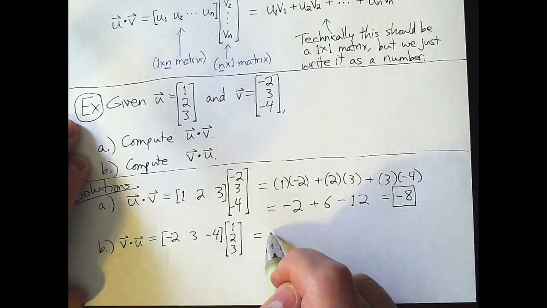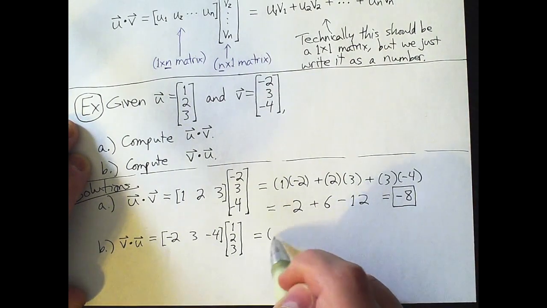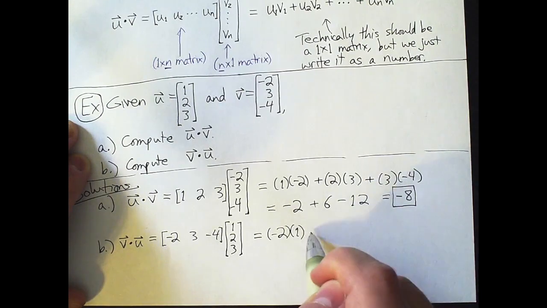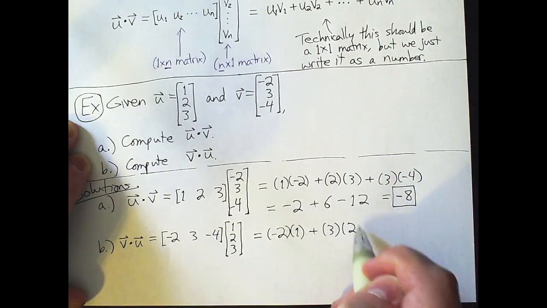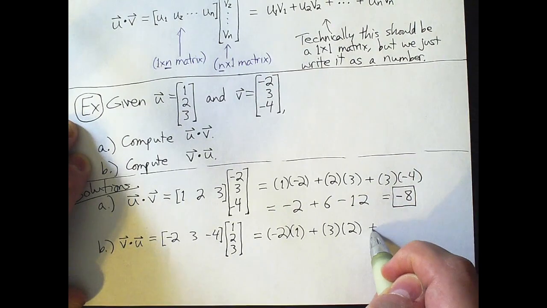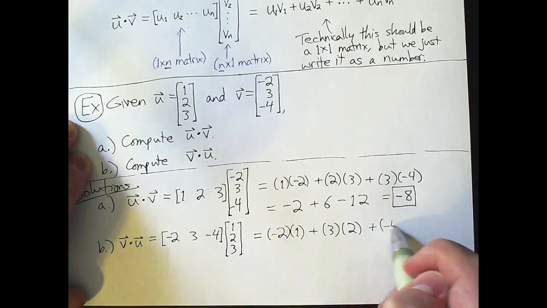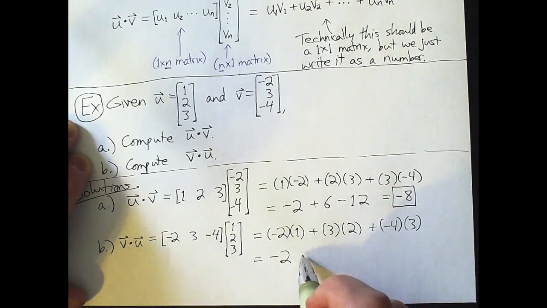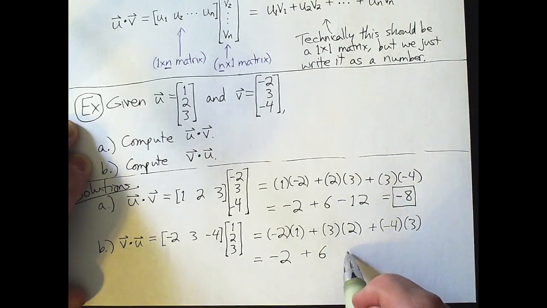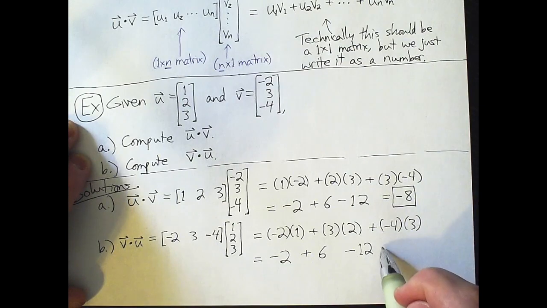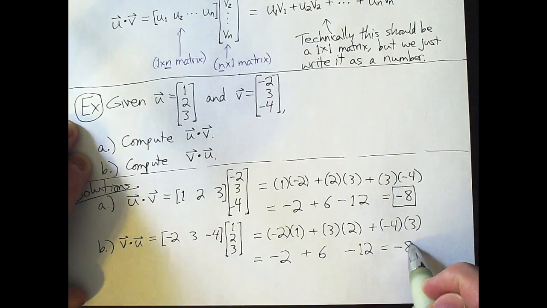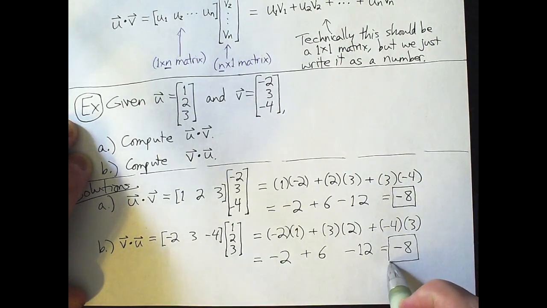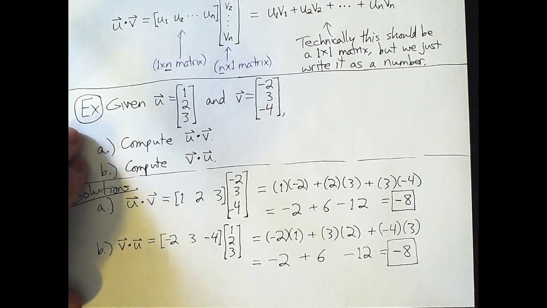We get, let's see, -2 times 1 plus 3 times 2 plus -4 times 3. This is going to be -2 plus 6 minus 12. And that equals negative 8. So we did get the same result for part A and part B.